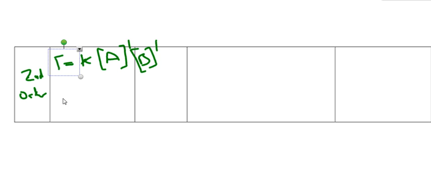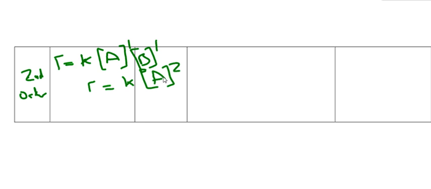Or it could be that the rate is just equal to K A squared, so that I've got just A as a second order. In each case, you're adding the powers together, and you just end up in both cases with an overall order of 2.